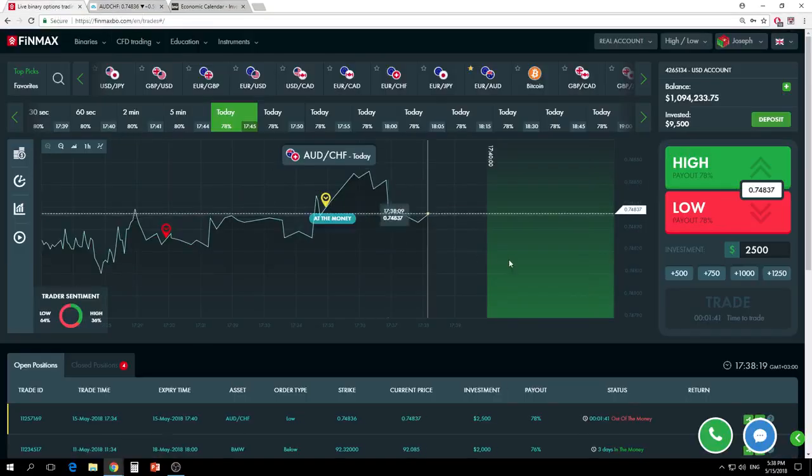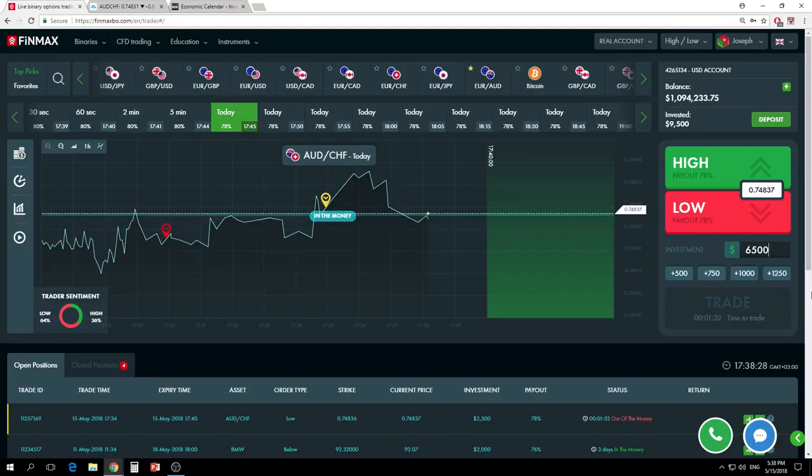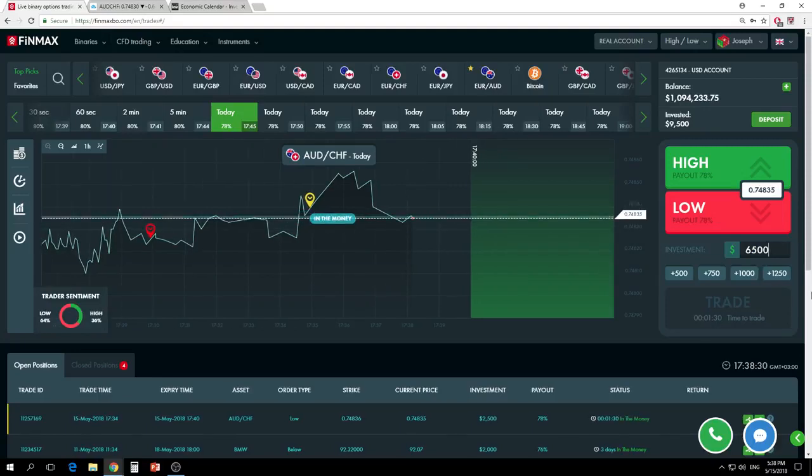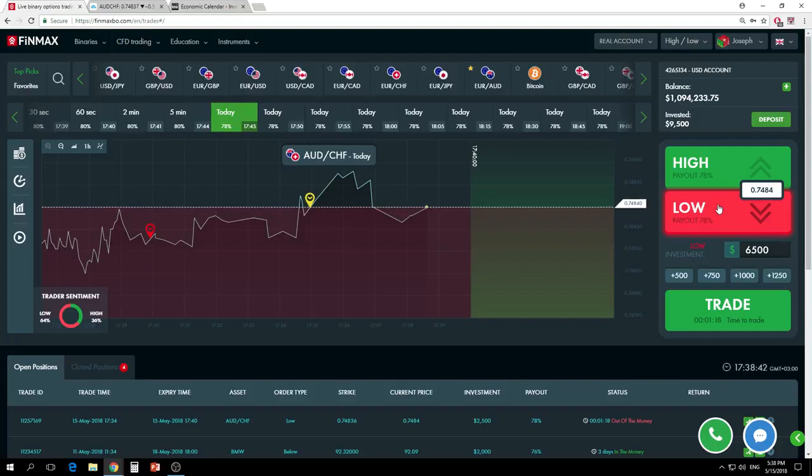I will just get ready for the next recovery step. However, I really hope that we will not need it, and although we are having volatility, this trade will just bring money without recovery steps. Let's get ready with 2.5 times more investment again, and trading low again.